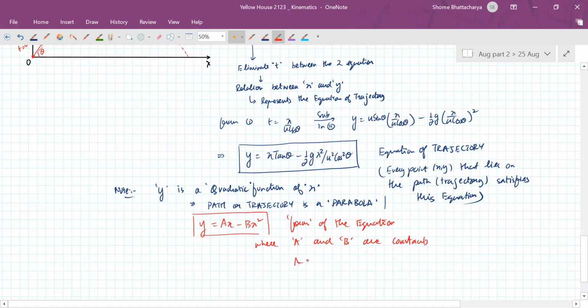A is equal to tan theta, where theta is the angle of projection, and b is equal to half g upon u square cos square theta.